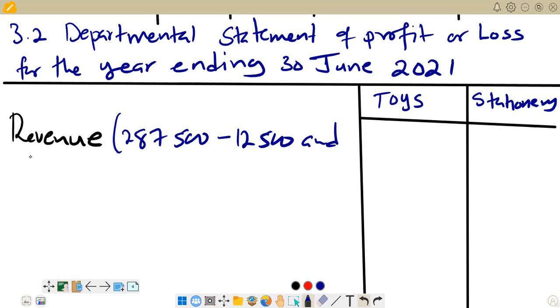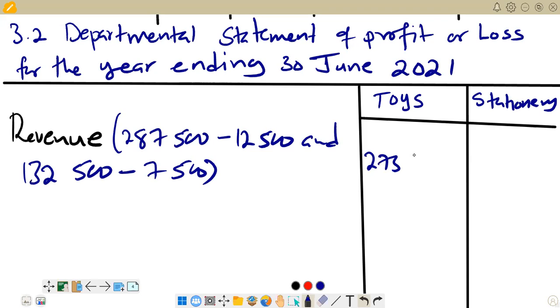We just say "and" to separate the two workings. We've got 132,500 for revenue, then subtract the sales returns, which is 7,500. So if you do that, for toys, the answer that we're going to get is 275,000. And then for stationery, we are going to get 125,000.